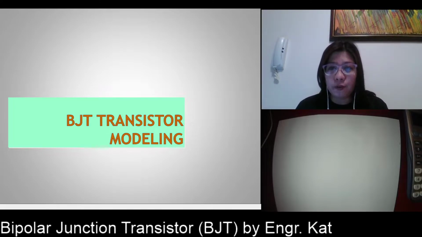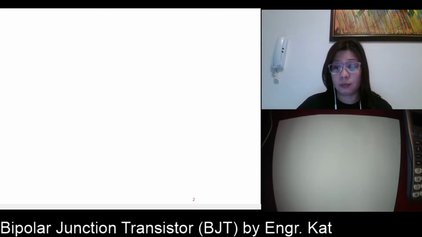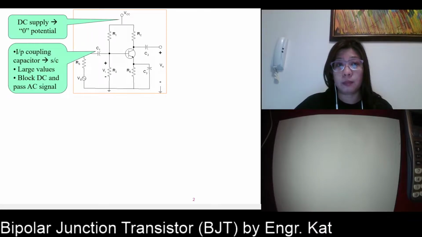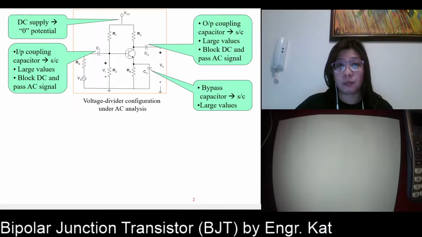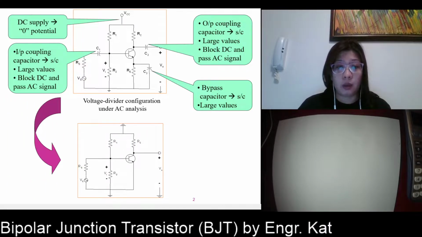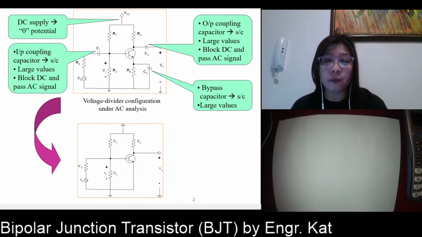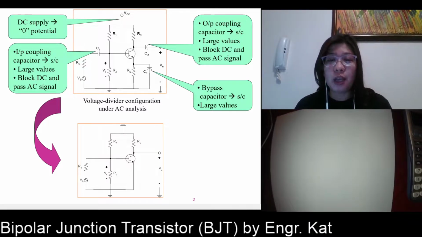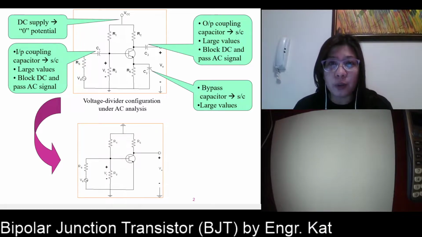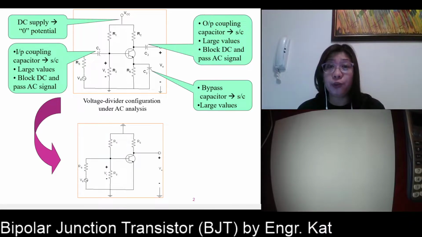Okay, so just for a review from our previous discussion, we are going to start with our AC analysis by redrawing our schematic diagram, our main configuration, to its AC equivalent circuit. So for a review, how are we going to do that?